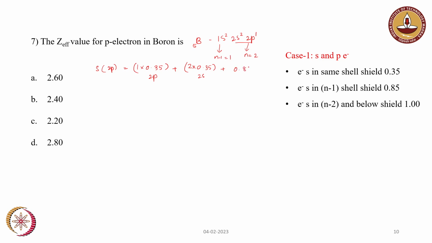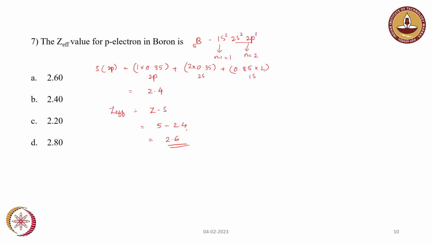So 0.85 into 2. So the total will be 2.4, and Z effective will be Z minus S. So Z is 5 minus 2.4. That will be 2.6. So option A is the answer.